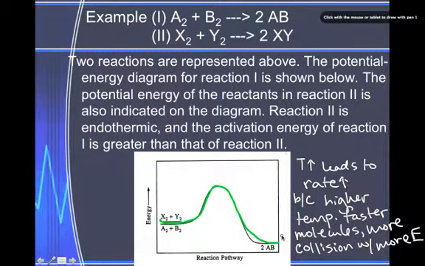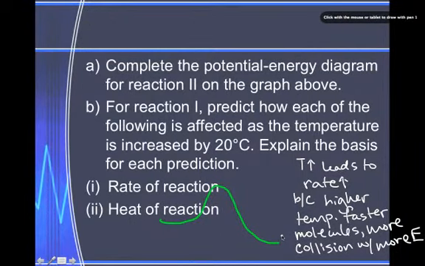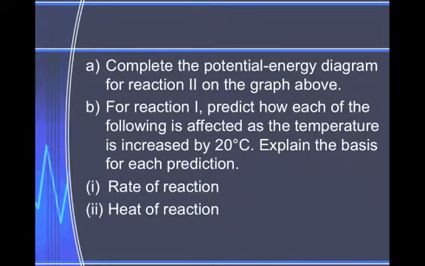All right, then let's look at the next part of the question. How did the increase in temperature affect the heat of the reaction? Okay, by heat of reaction, remember we mean delta H, the enthalpy, right? How is delta H affected by an increase in temperature?